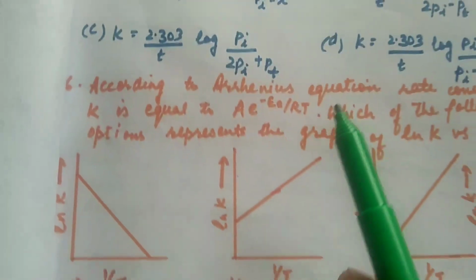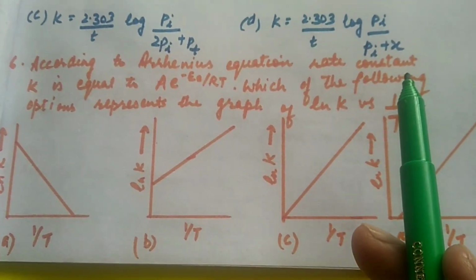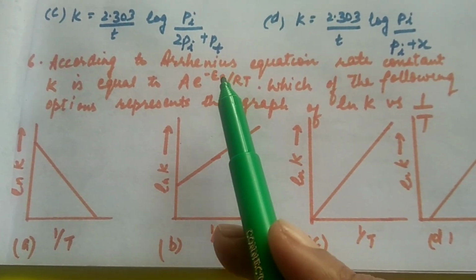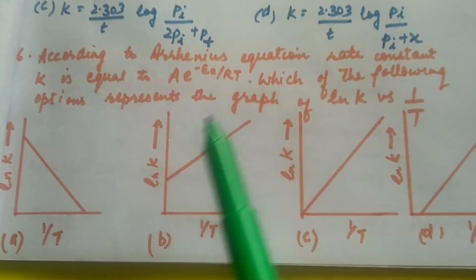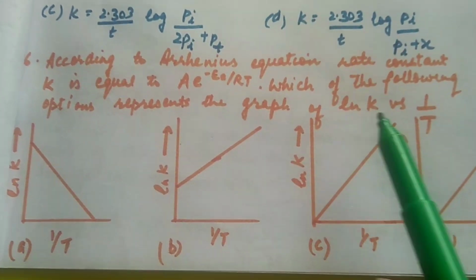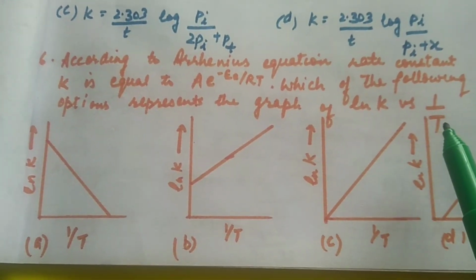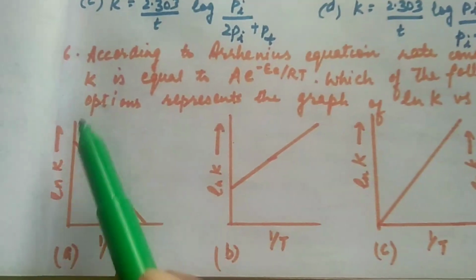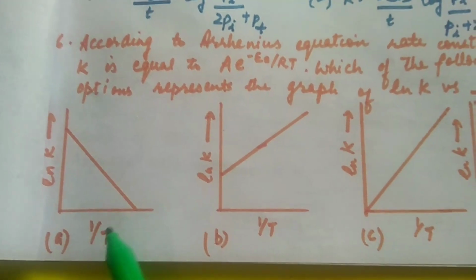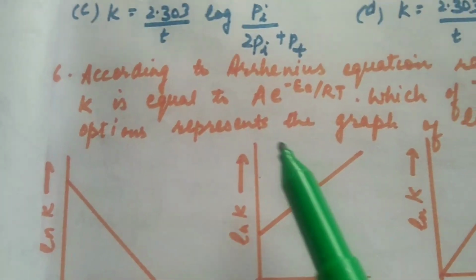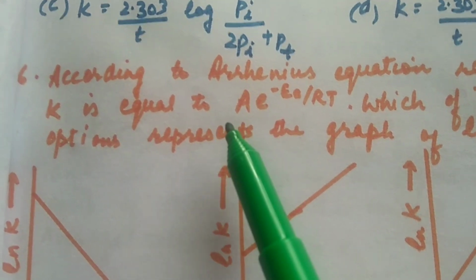According to Arrhenius equation, rate constant k is equal to A into e raised to power minus Ea upon RT. Which of the following options represents the graph of ln k versus 1 upon T? Graph is plotted between ln k and 1 upon T in all the 4 options, so we'll convert the equation into logarithmic form.